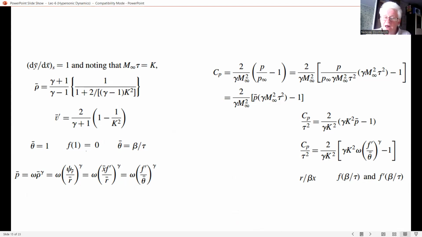Because beta over tau is unknown, we were led to an iterative numerical solution. Iterative methods were very popular 20 or 30 years ago, because we did not have modern computers as we now have. So the value of his conical coordinate at f equals 0 means the body boundary condition.